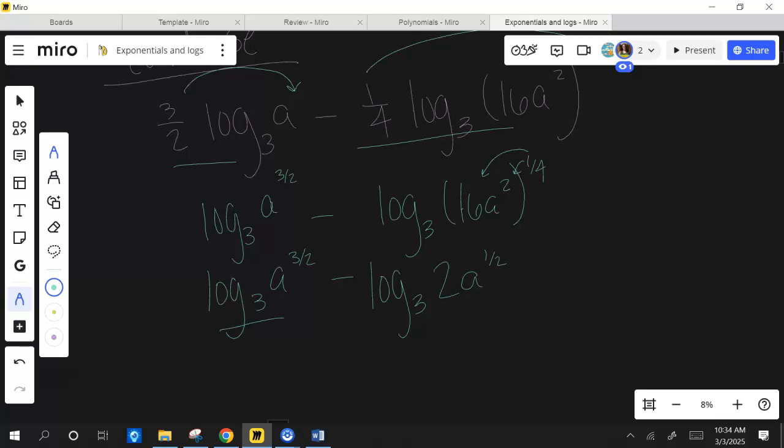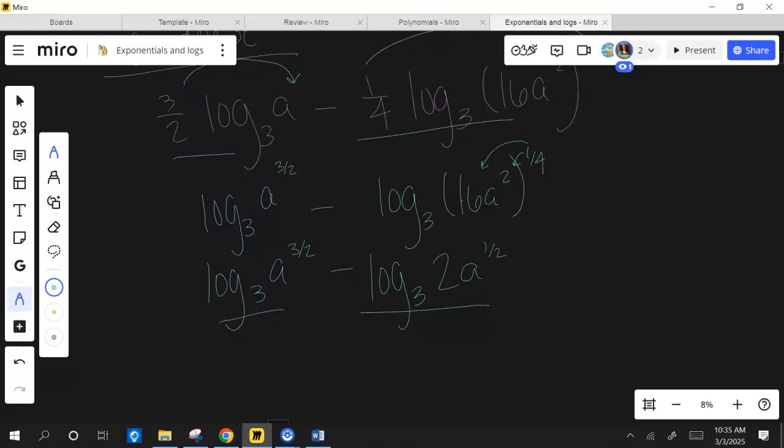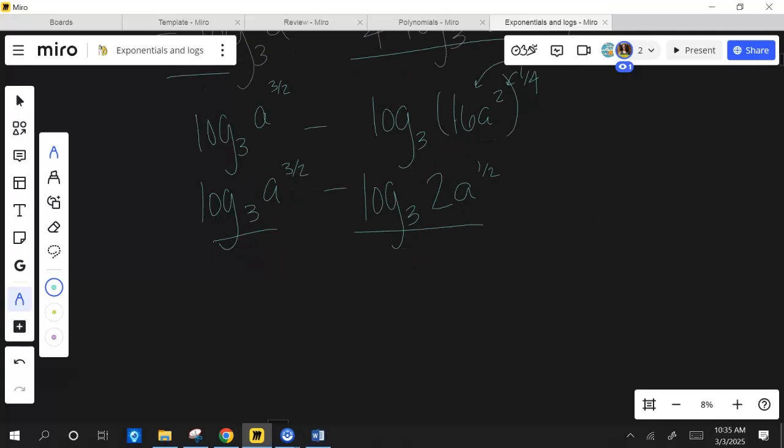Now, each of my logs individually are simplified, yes? Now I can combine them into one. Because I am subtracting, I do what? Divide. So I got log base 3 of a to the 3 over 2 divided by 2a to the 1/2. Now I simplify this one if I can.